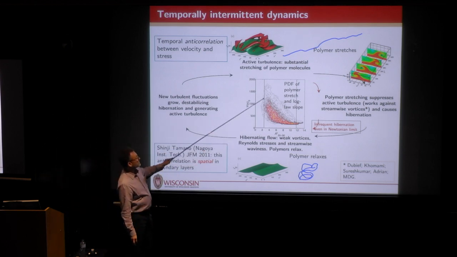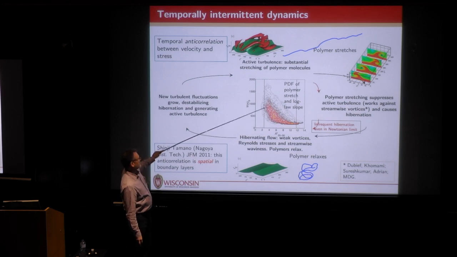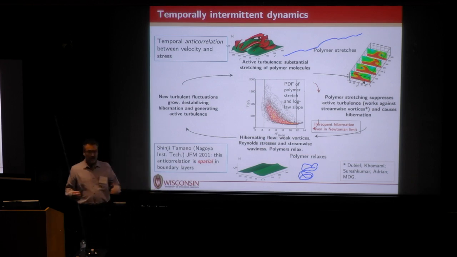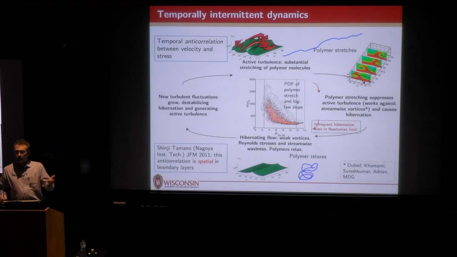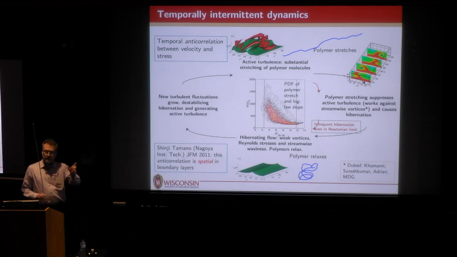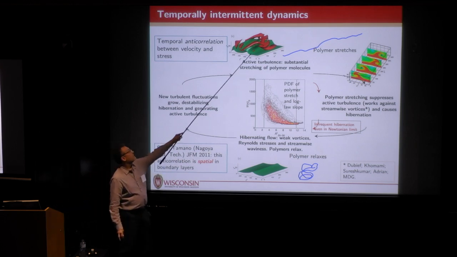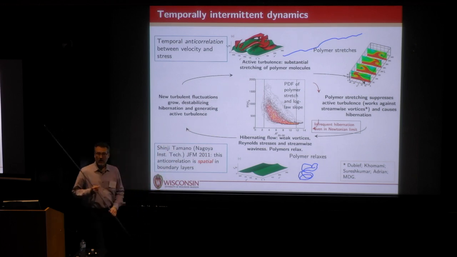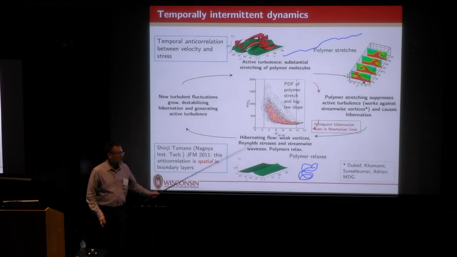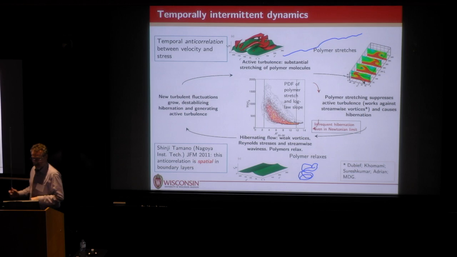When the stretching is low, you're out here where you have basically higher velocity. So there's this interesting anti-correlation between the polymer stretch and the drag. It's because in this region you're stretching the polymers, and in here you're relaxing them. So that's a physical picture of what's going on.